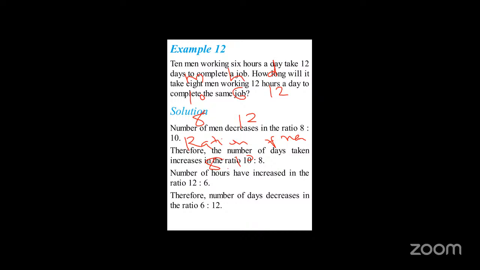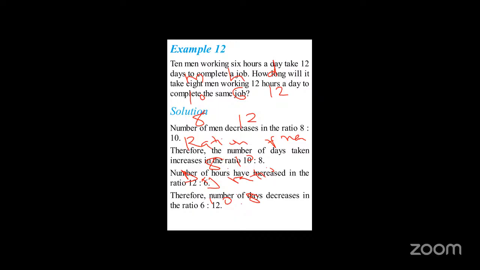Sasa kama men wame decrease hivi, what will happen to the days ratio? We increase. They will increase. So we use the same ratio of men but we increase it. So tutai reverse, tuanze na 10 ratio 8. Ni sawa? Hiyo sasa ni days.